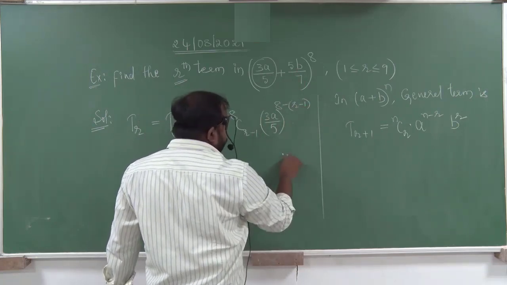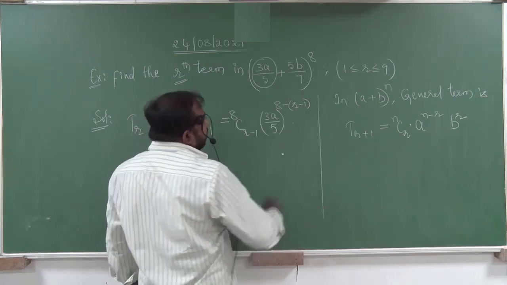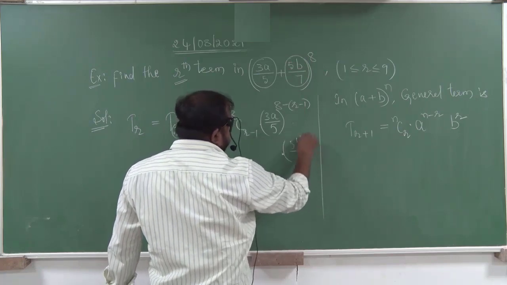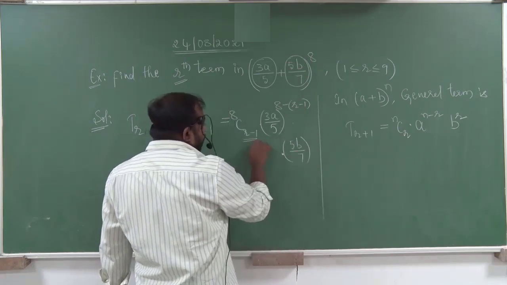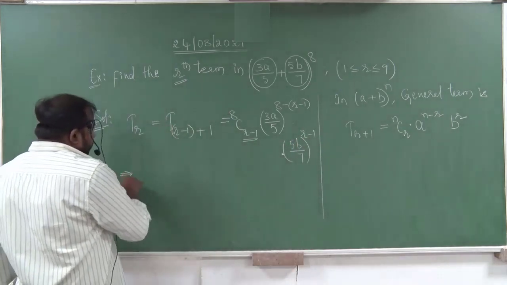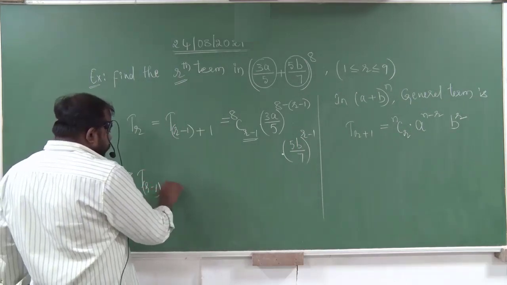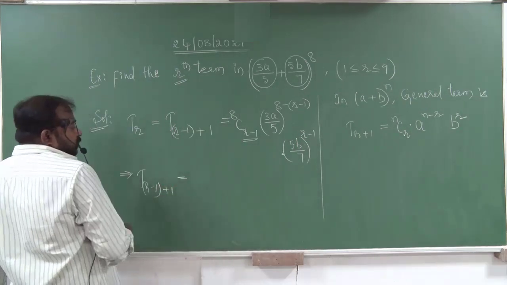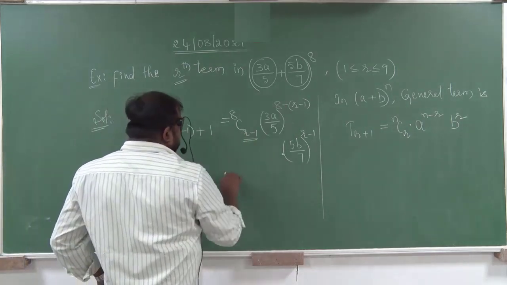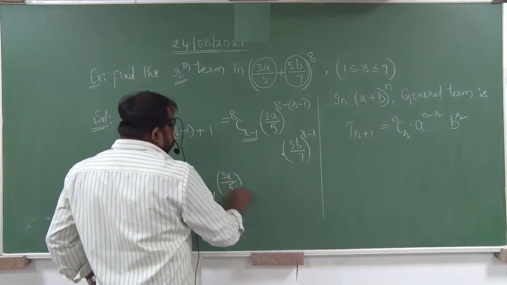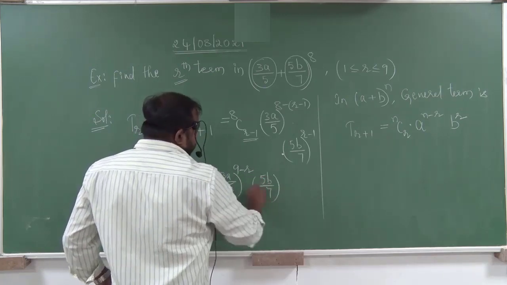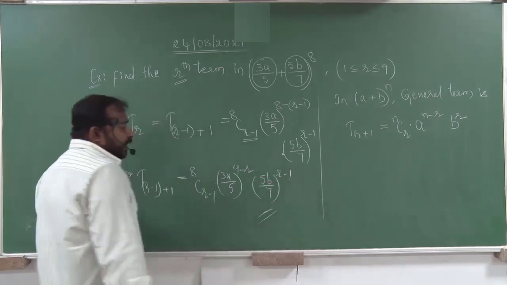Into, here I am writing, b power r. Instead of b, what is the value? The total value is (5b/7) whole power r, instead of r, r minus 1 is there. So if you simplify, that implies T(r-1+1), which means Tr, is equal to 8C(r-1) into, what is the value, (3a/5) whole power, simplification, 9 minus r, (5b/7) whole power r minus 1, like this.